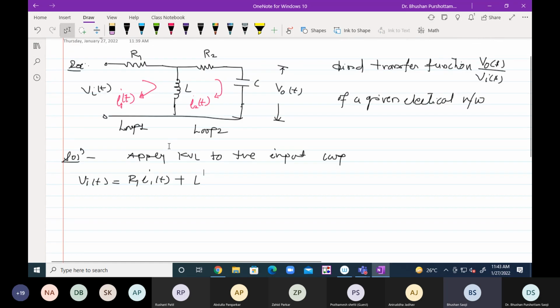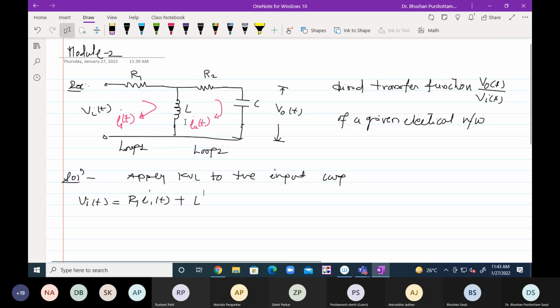In the inductance, two currents are flowing, one is I1 of t and another is I2 of t. I1 of t is flowing in the downward direction and I2 of t is flowing in the upward direction. We are applying KVL to the input loop, and the input loop current is I1 of t.